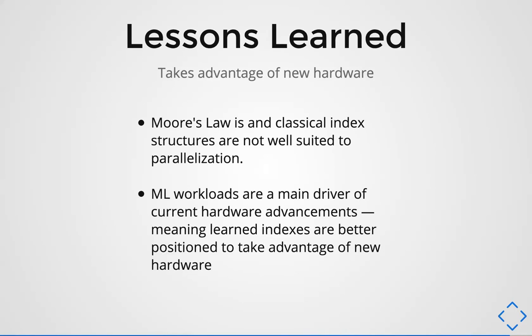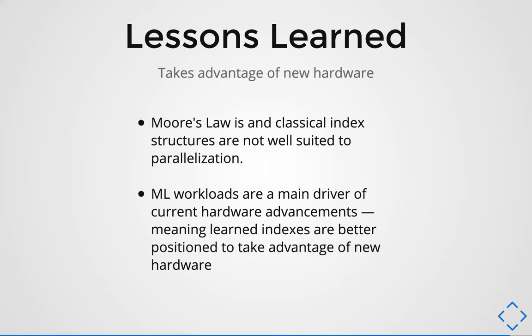I'm glad they pointed this out because I might not have thought of it, is machine learning is taking account of new hardware. Machine learning workloads are drivers of advancements in GPUs and TPUs and all kinds of new hardware advances. And at the same time, classical indexing structures have been optimized over situations where we were using classical CPUs.